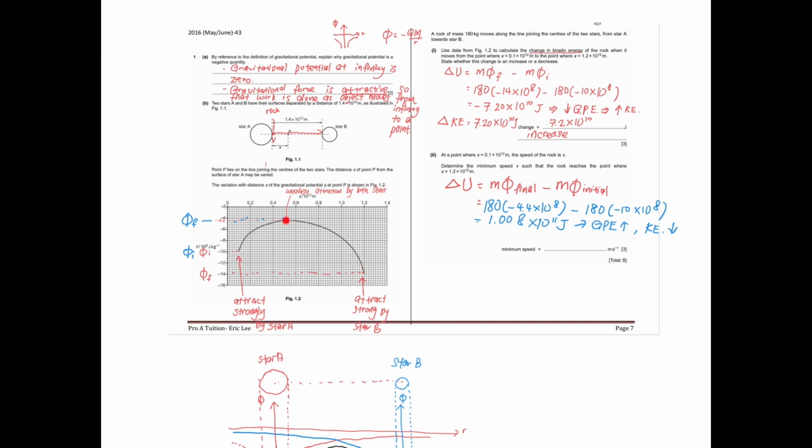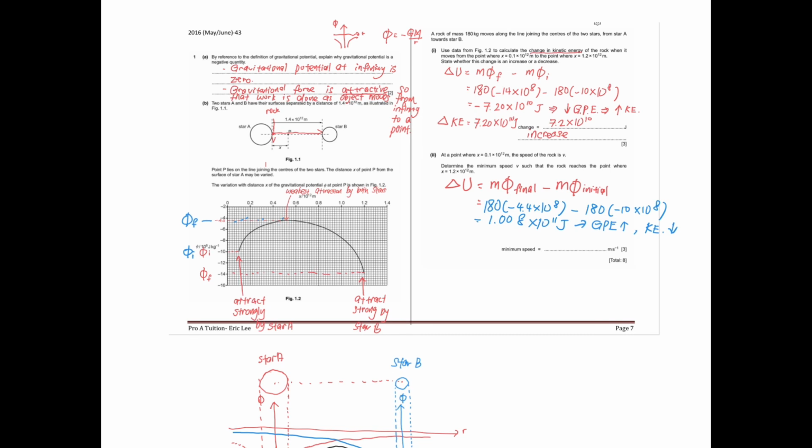Just enough energy. So what does that mean? It means as long as the rock can reach here, the minimum will be just enough until it stops here. It stops there. That is the main idea.